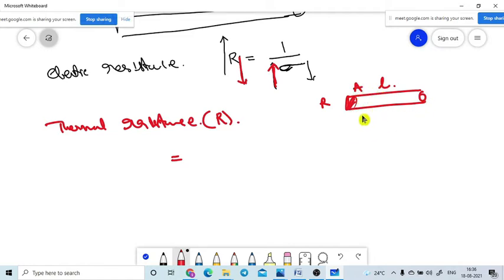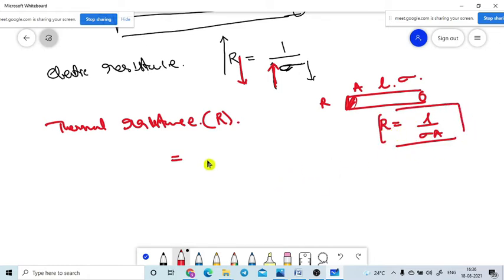How can you define this? If the conducting value is sigma, how can you define the electric resistance? R is equal to L by sigma A. This is the electric resistance formula.